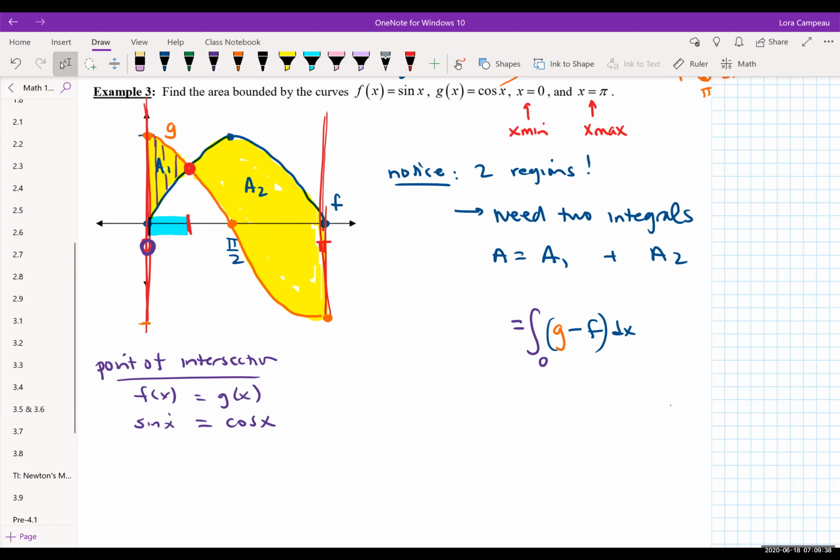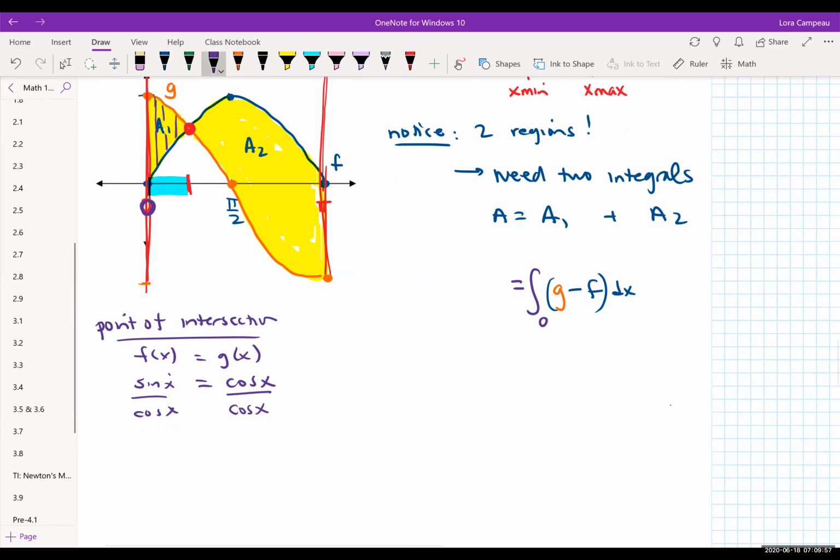You're never going to have cosine x equal 0 if we're beyond 0 already. A couple of things you could do: you can play around with dividing by cosine x. So you ask yourself, what is sine x over cosine x? That's where tangent x equals 1. So that might also give you a heads up. Tangent x equal to 1 is happening at pi over 4.